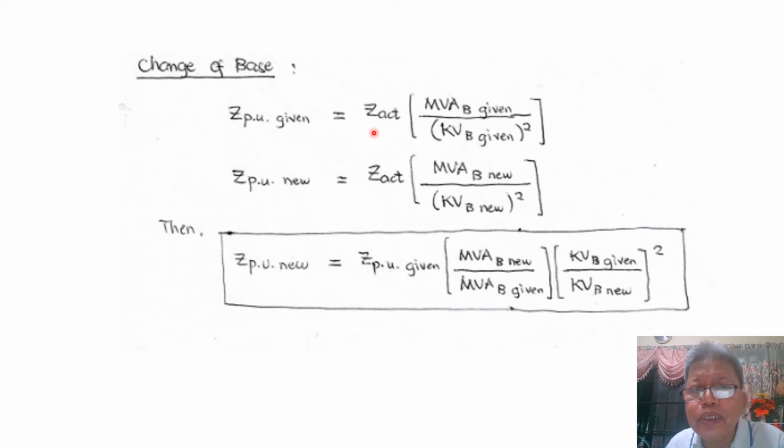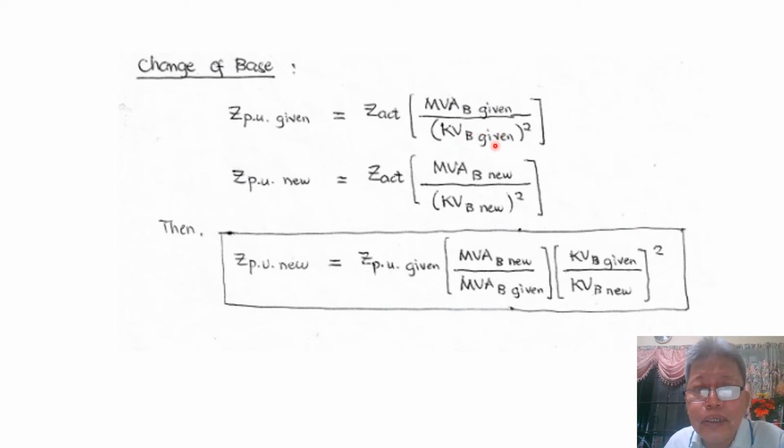And so its ZPU is actually equal to its Z actual times the ratio of the MVA base, or its MVA capacity, to the square of its voltage rating.